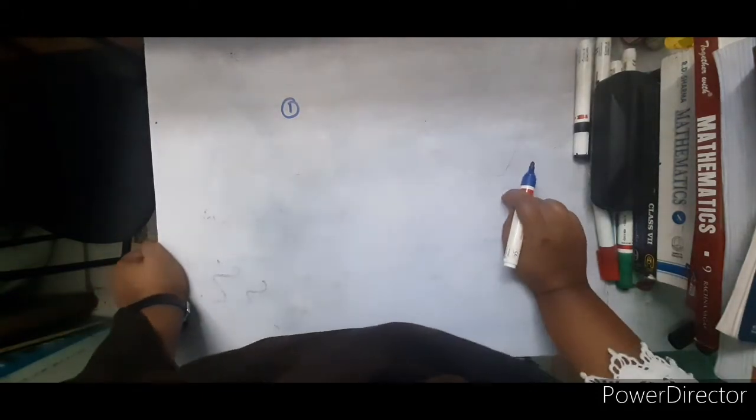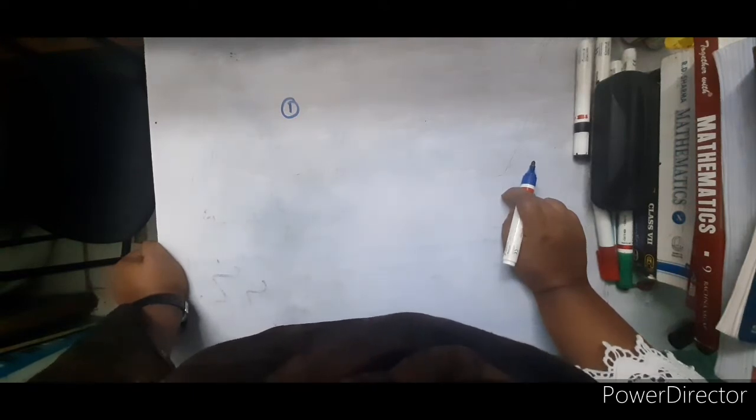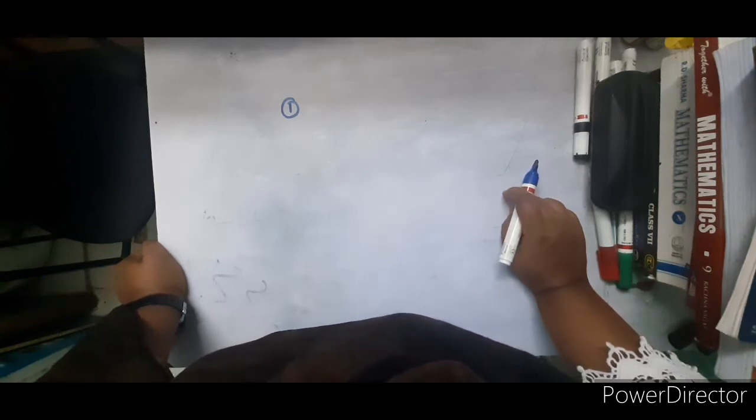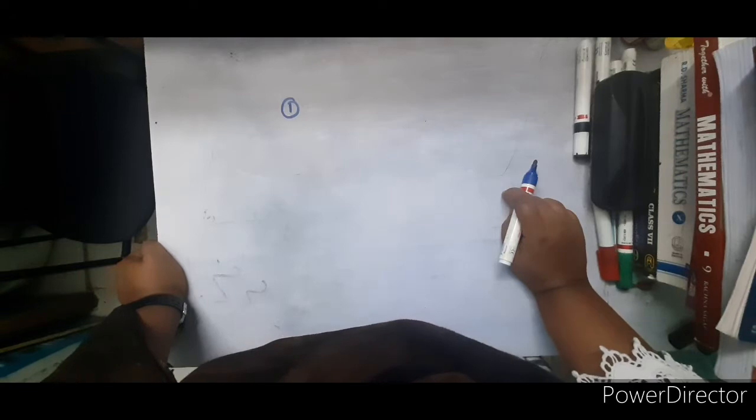The first question we will solve is from the unsolved examples of your book, page 45, question number 9C, the third question of main question number 9.